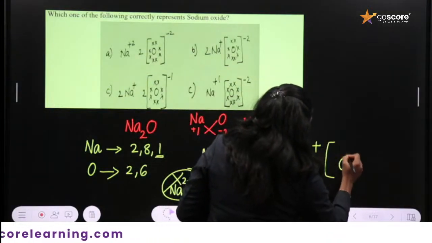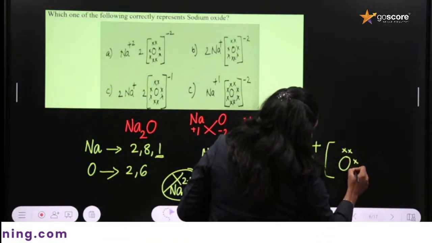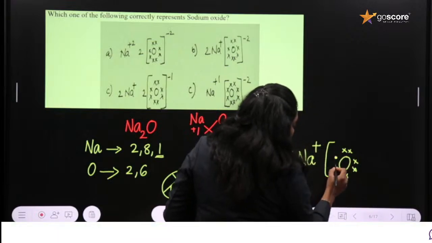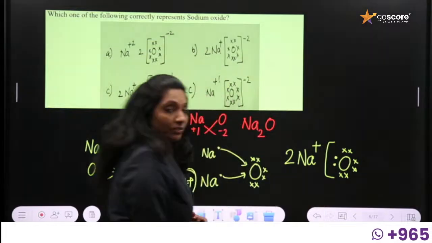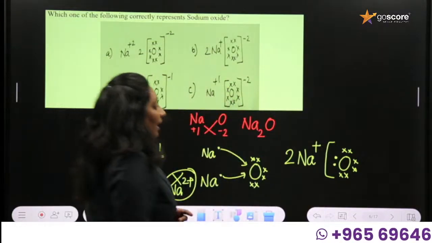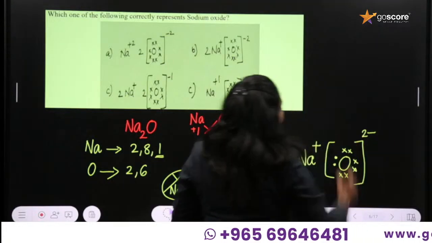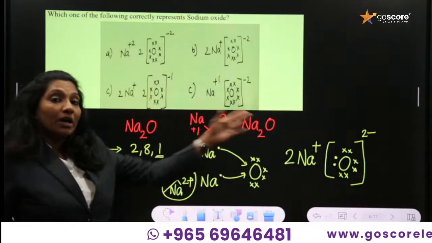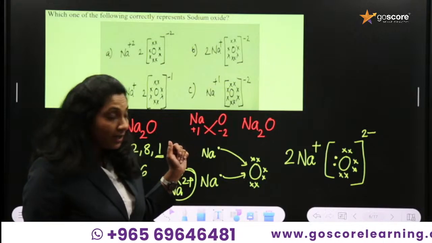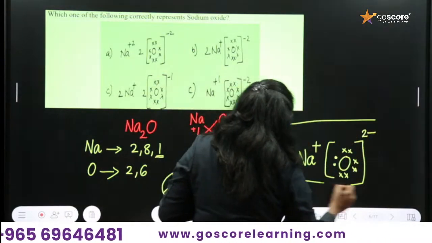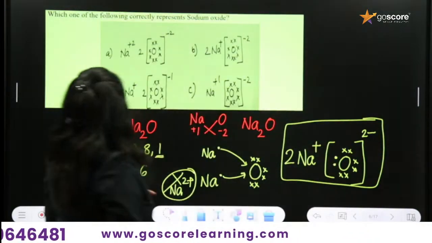It will have 1, 2, 3, 4, 5, 6 plus electrons gained. It is gaining 1 electron from one sodium and another 1 electron from the next sodium. Here the oxygen atom is gaining 2 electrons and it will form O 2 minus. Okay. So this is the correct representation of sodium oxide, and now we can check the options.